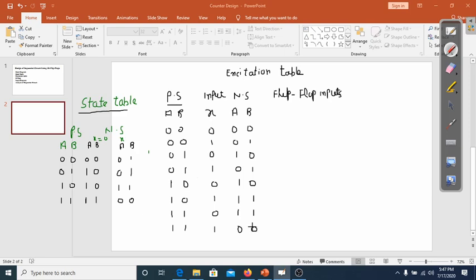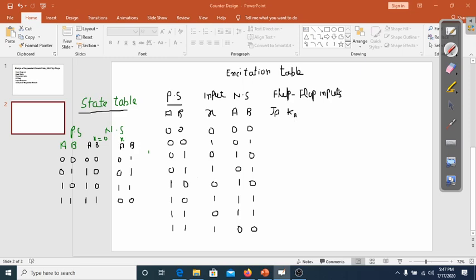Now using this present state and next state, we will extract the inputs for the flip-flop. Here we have to use the JK flip-flop. The JK flip-flop has two inputs corresponding to A, JA and KA.